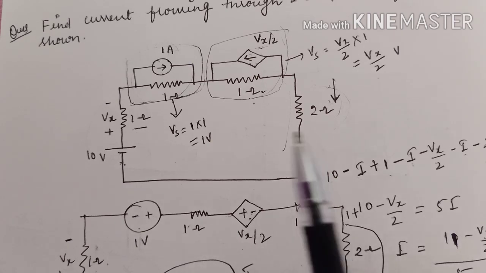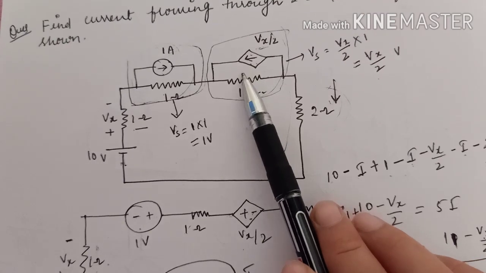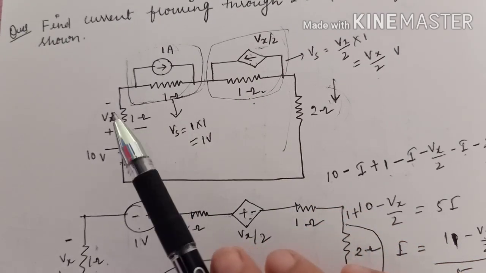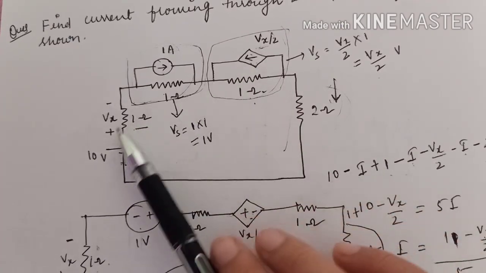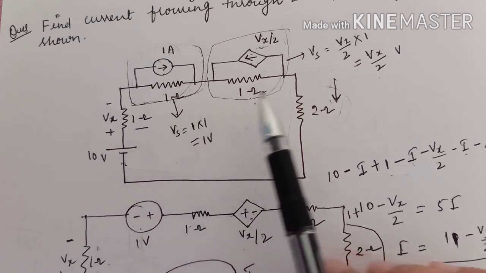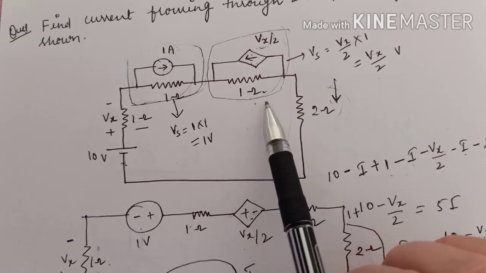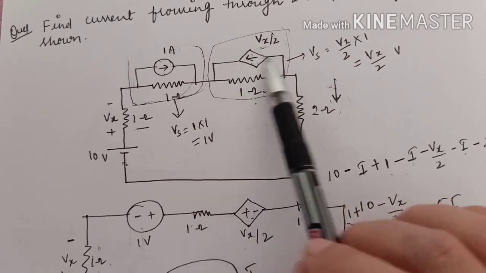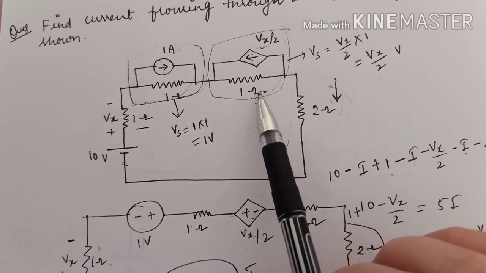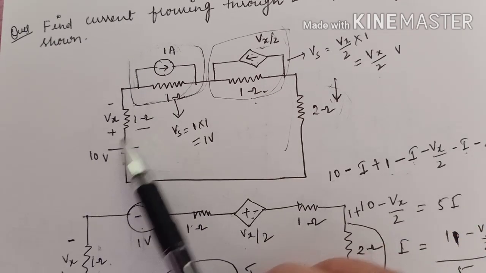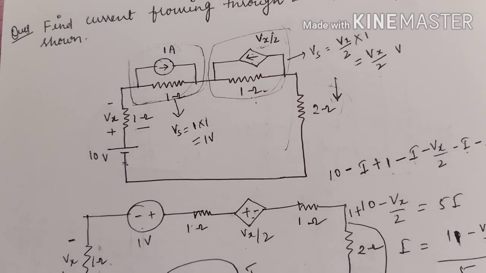Note it down: wherever the dependent source magnitude depends without disturbing the element, then source transformation can be applied. Otherwise, you can't apply the source transformation for dependent sources. Clear? If the dependent source magnitude depends on that element by disturbing it, then you can't apply the source transformation.